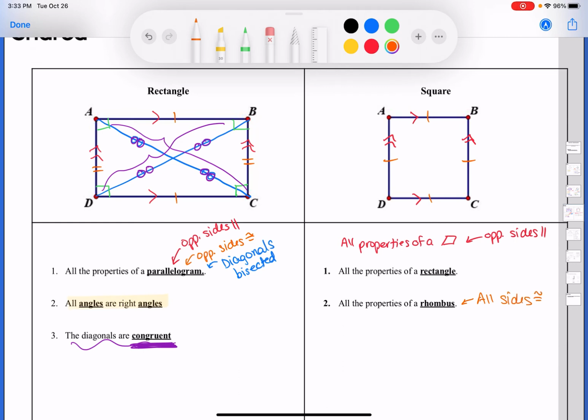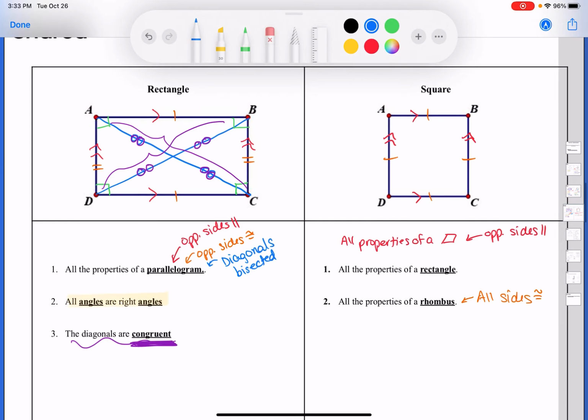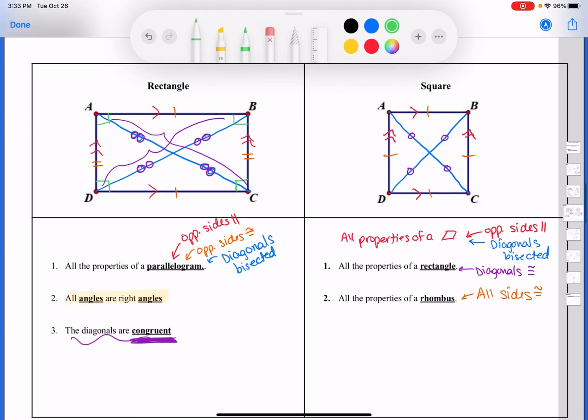Okay. I have that the diagonals are bisected. But again, because it's a rectangle, I also know that the diagonals are congruent. So I've got that, right? Because I know it's a rectangle, I know that all angles are right angles.